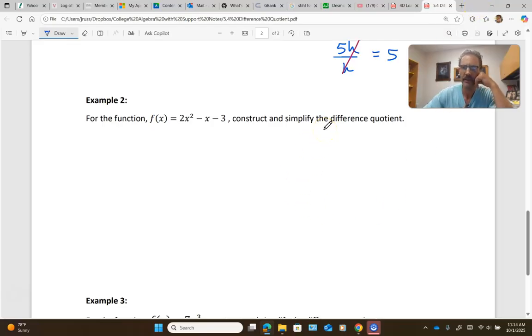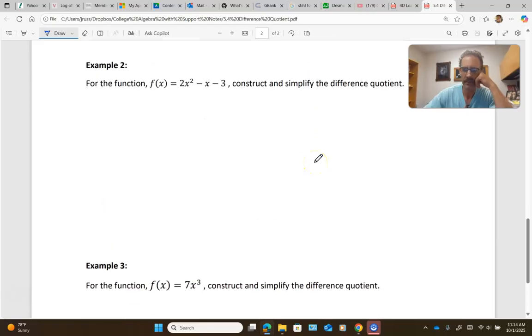Why don't I just go ahead and do this one. We'll do the same thing: f of x plus h minus f of x, and this is all divided by h.